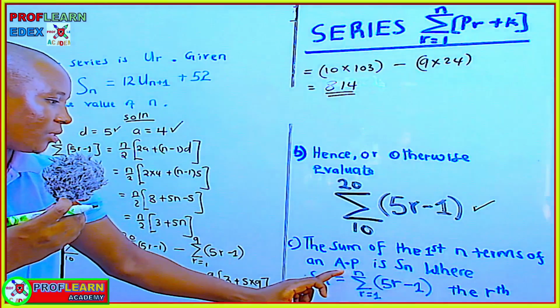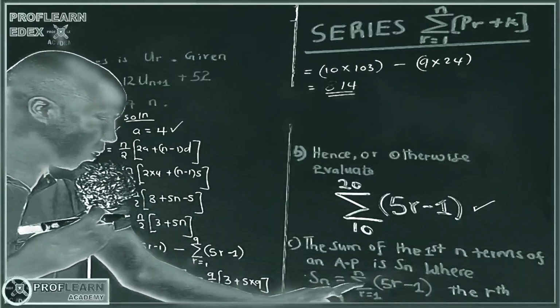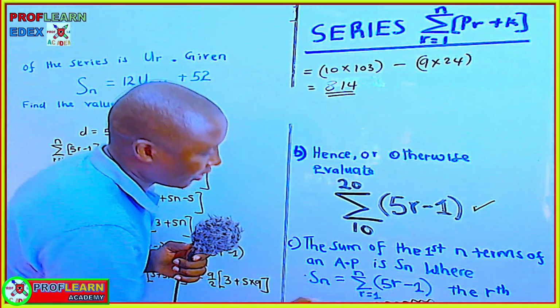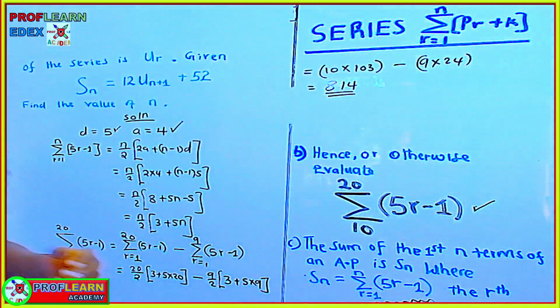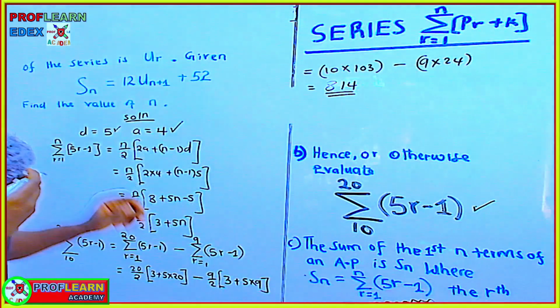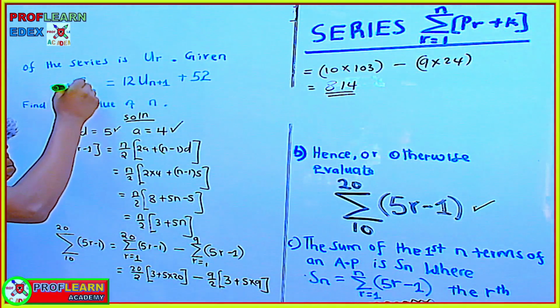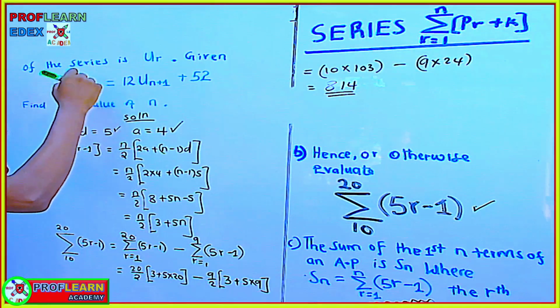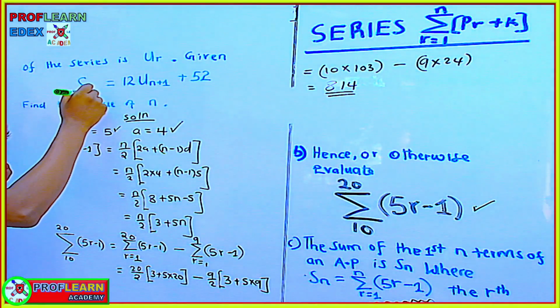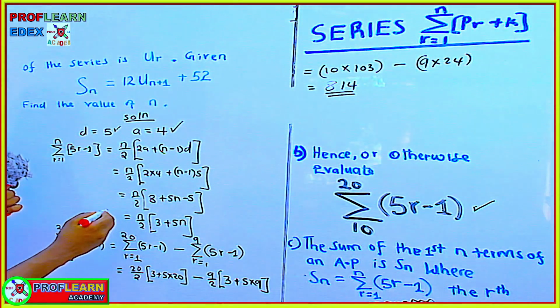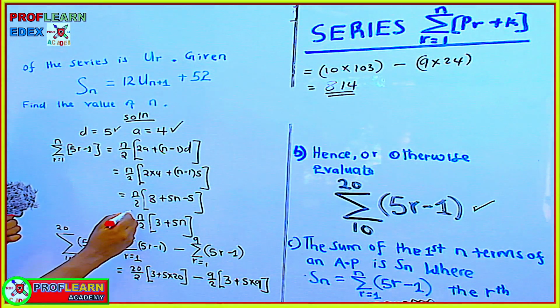Now the sum of the first n terms of the AP is Sn, where Sn is given by the expression that we were given, and the nth term of the series is Ur. So this is the sum of the first n terms, and the sum of the first n terms was given by the expression.